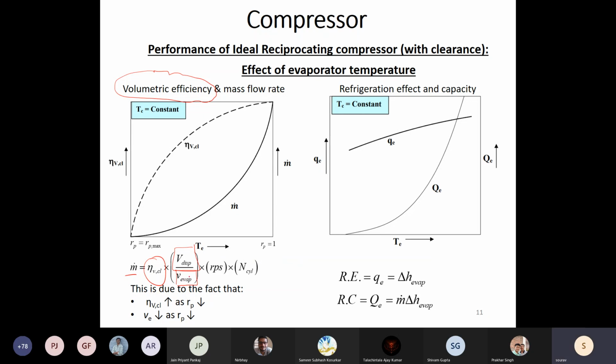This evaporator subscript means you have to evaluate the density at the evaporator outlet condition, not at the evaporator inlet, because from the evaporator outlet, the refrigerant goes to the compressor. So this rho evaporator or specific volume of the evaporator condition is at the exit.